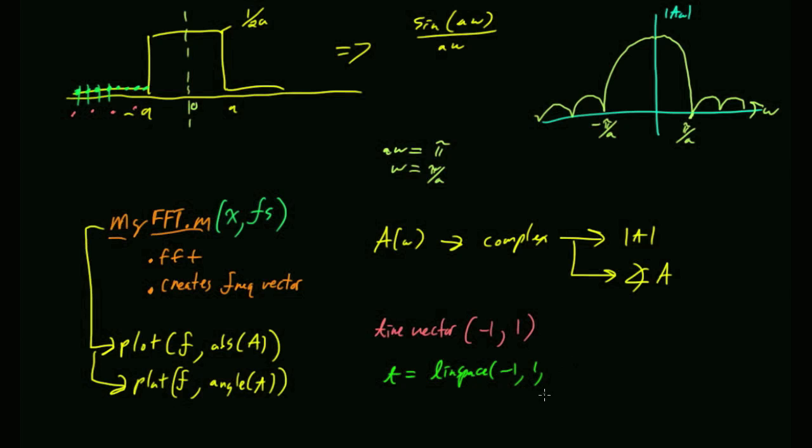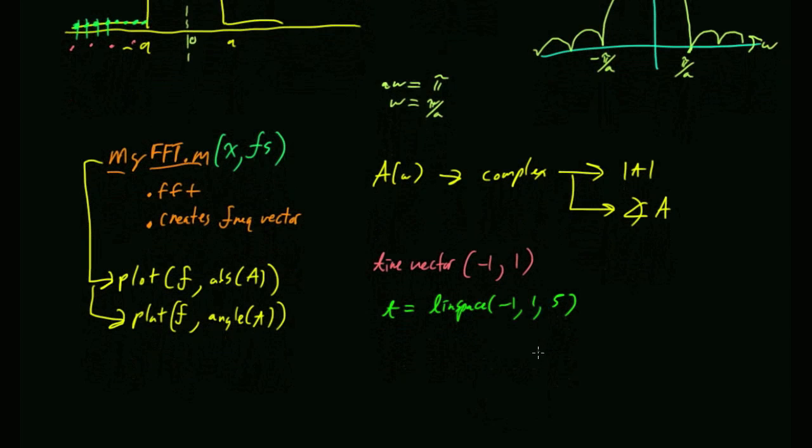So the number of points between -1 and 1. Let's say for the sake of argument we said 5. I only want 5 points, just because I'm trying to make an example here, not because that's a good number of points to use. That's actually an awful number of points to use.